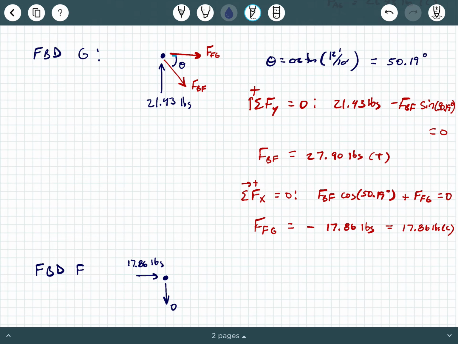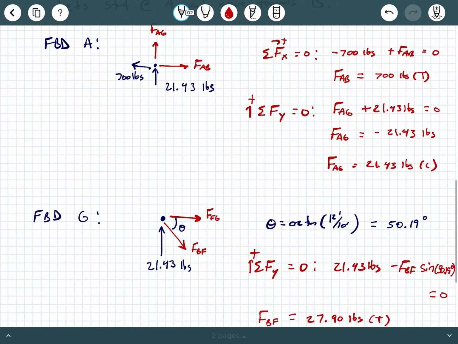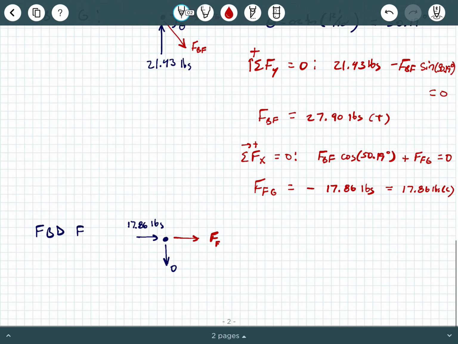It was negative, so in free body diagram G, it's actually pointing at G, which means that on the opposite side of the member, when you're over at F, it's pointing at F, so indicating compression. And we have this unknown force. What was this labeled again? I have to scroll back and remind myself. FEF, okay?